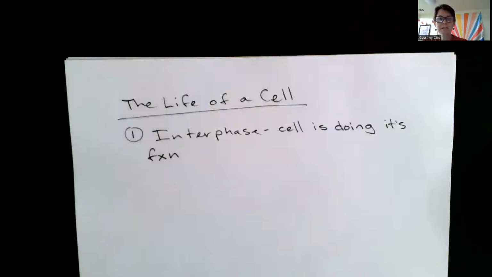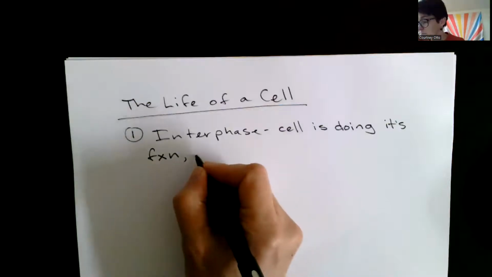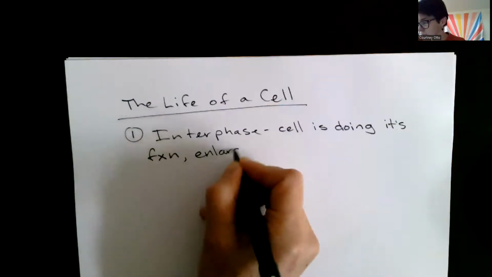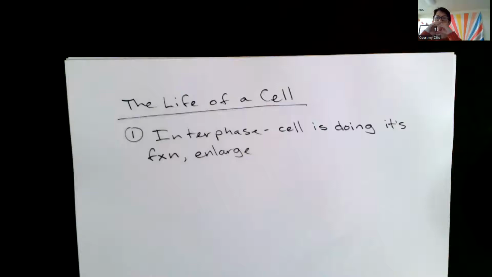So maybe it's a photosynthetic cell, right? And it's photosynthesizing. Maybe it's a storage cell, storing up starch in the form of those leucoplasts. It's doing whatever its normal function is. It's gonna enlarge, right? Get bigger. Just that one cell, just enlarging, getting bigger.